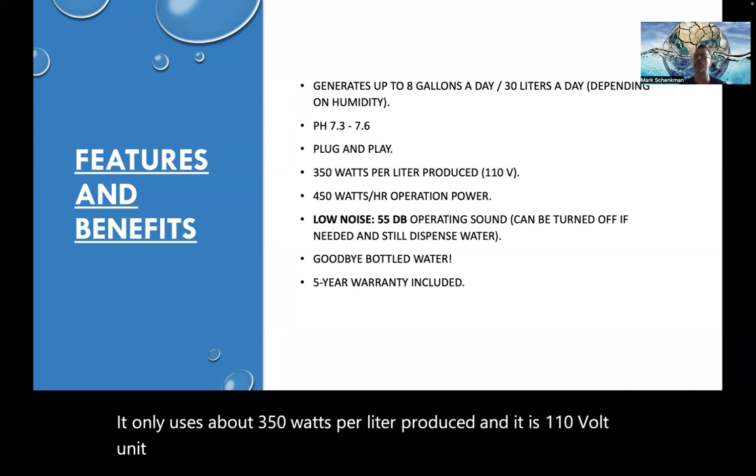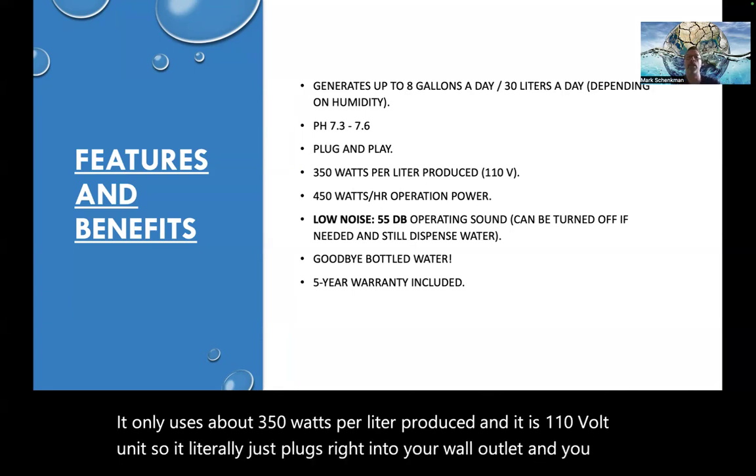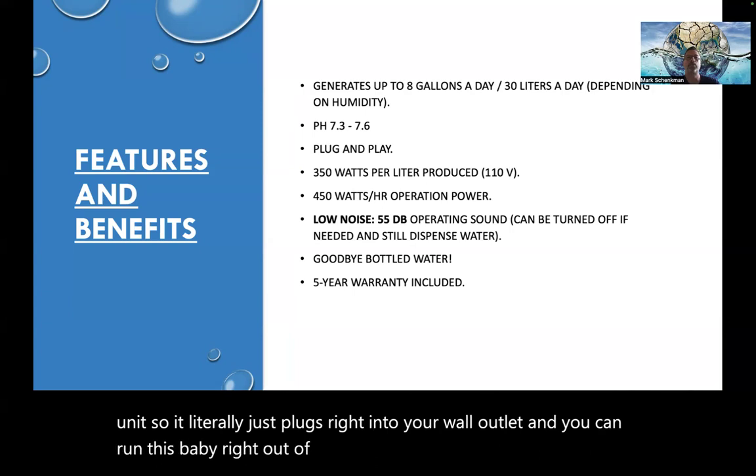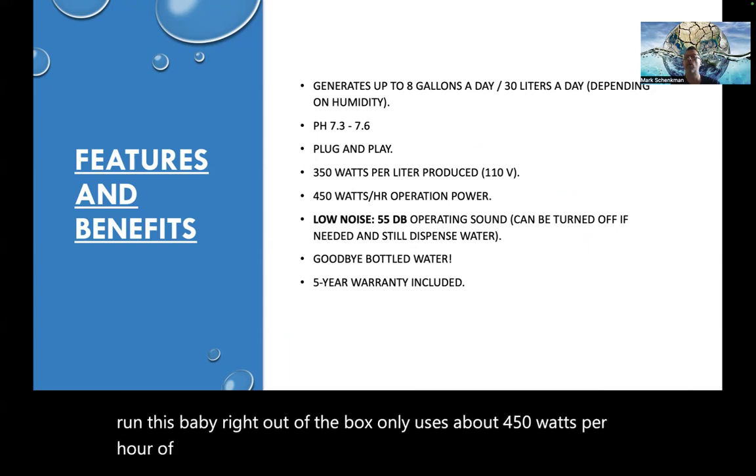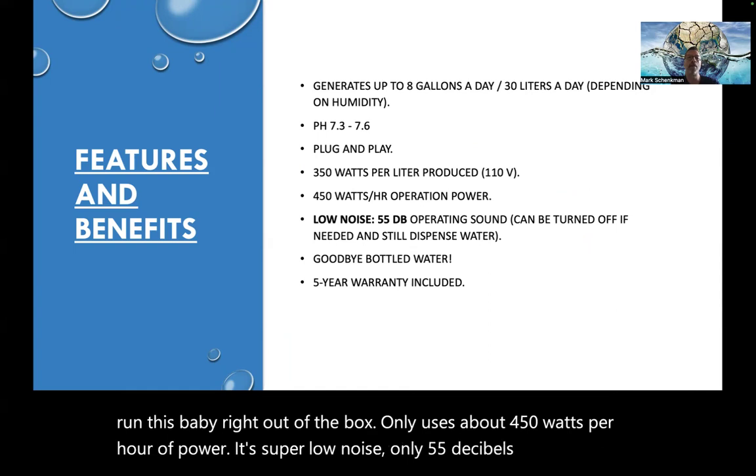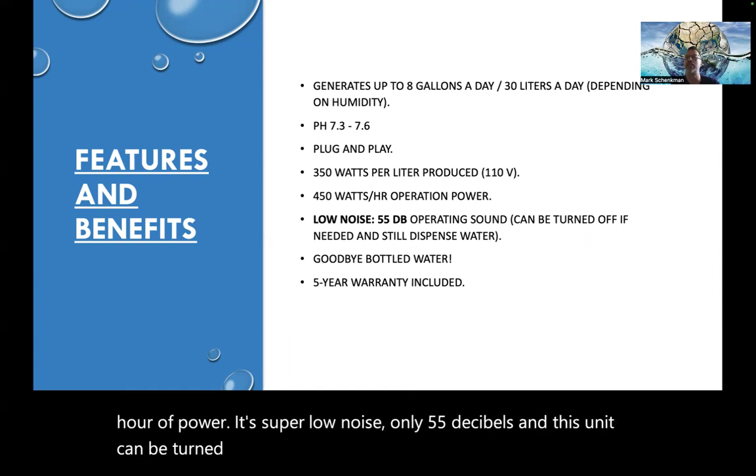So it literally just plugs right into your wall outlet, and you can run this baby right out of the box. Only uses about 450 watts per hour of power. It's super low noise, only 55 decibels. And this unit can be turned off if needed and still dispense water. So let's say you have a young child, a baby.